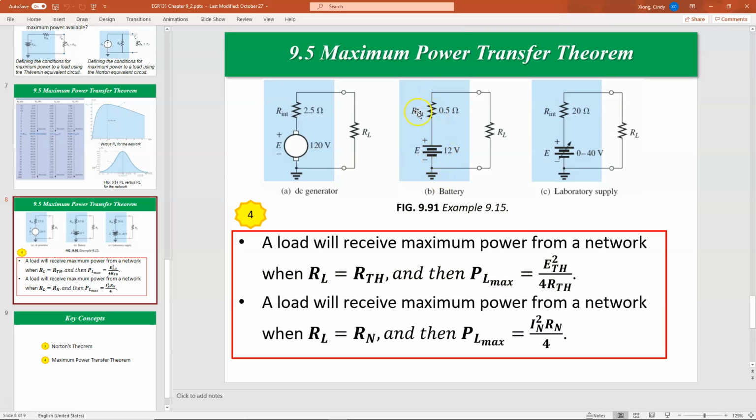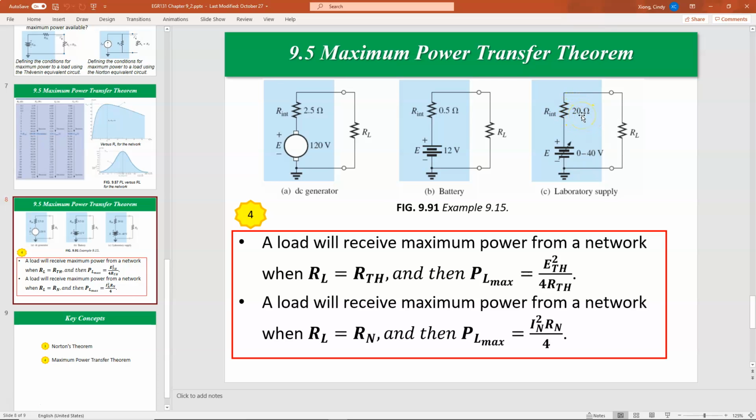For the battery, we also have the internal resistance of the battery, and we connect the RL. And we have the laboratory power supply. The voltage is from 0 to 40 volt, and the internal resistance is 20 ohm.